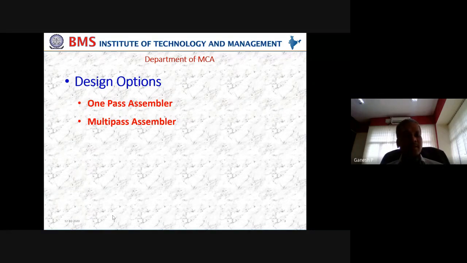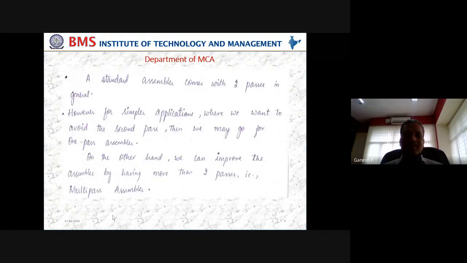Since you have a forward reference and a 1-pass assembler cannot deal with forward references, you should have an extra mechanism for that. The extra mechanism is what we call an overhead or an extra burden. How is that mitigated? That is mitigated using an additional data structure, which is a linked list. So let us see how it is done now. That is the concept of a 1-pass assembler.